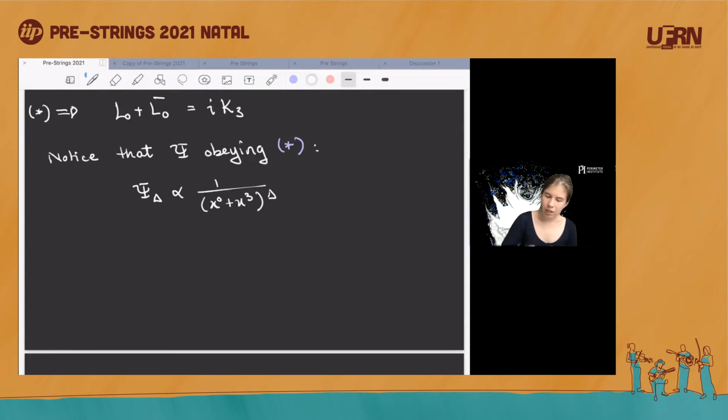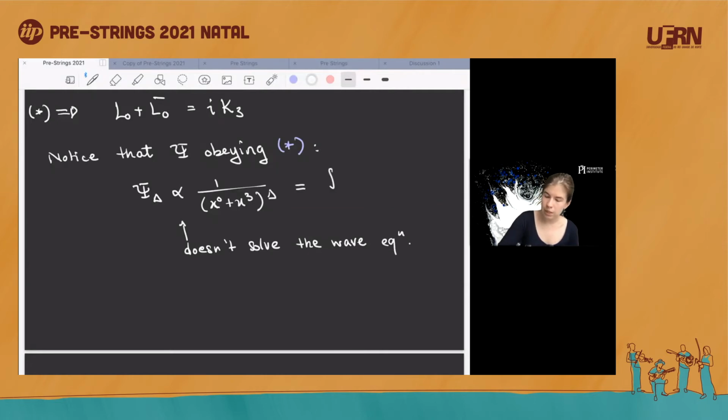Now, this doesn't solve the wave equation, but that can be fixed by realizing that there is actually a freedom in this psi delta.